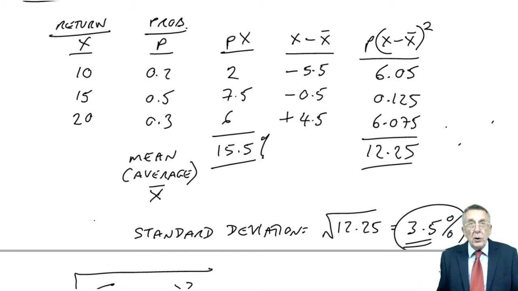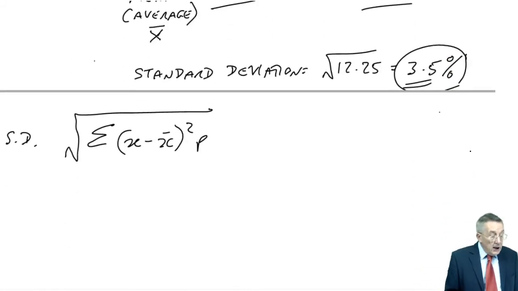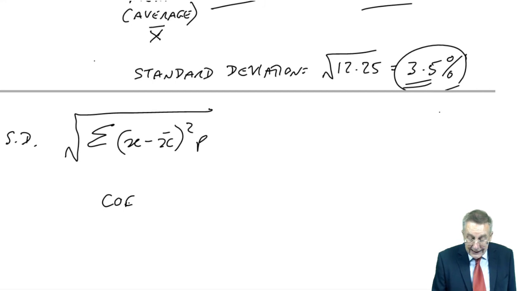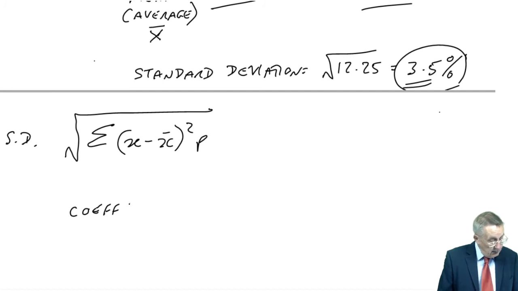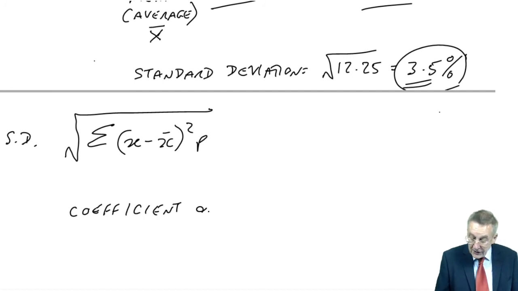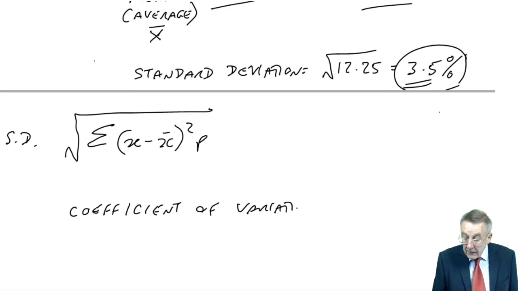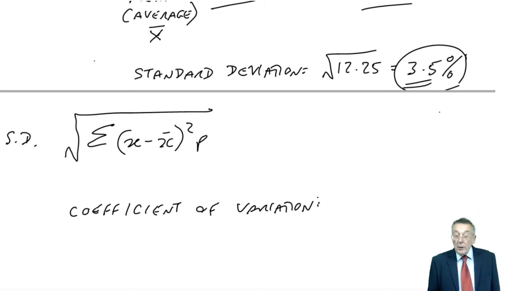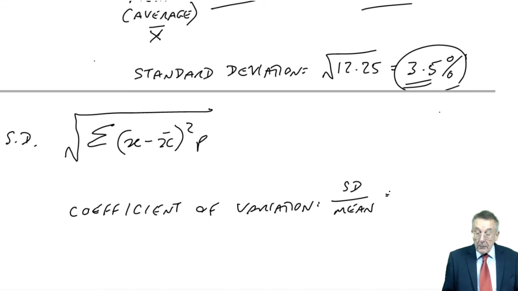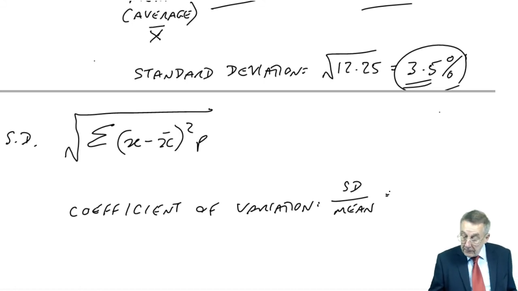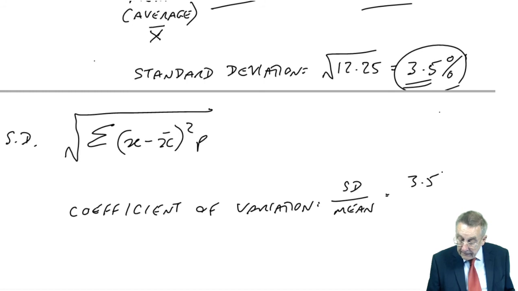And so, to give it an order of magnitude, the coefficient of variation. As you can see at the bottom of the previous page, we take the standard deviation and we divide by the mean. In my example, the standard deviation was 3.5.